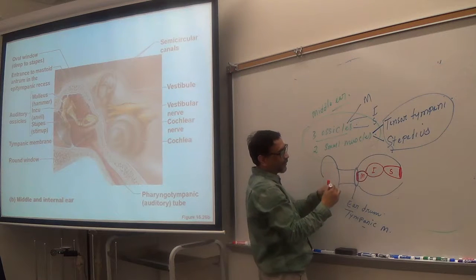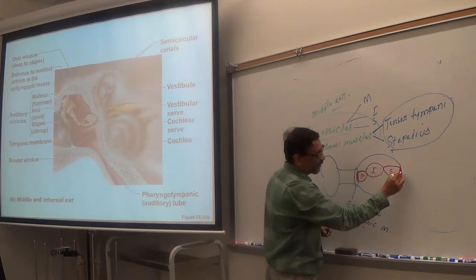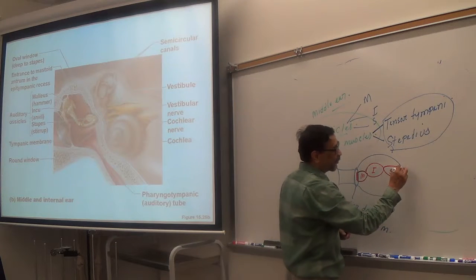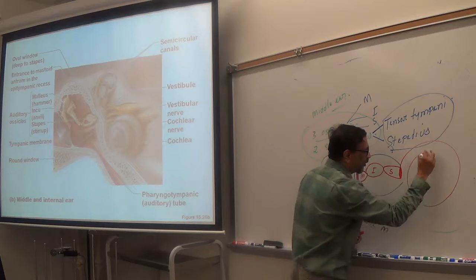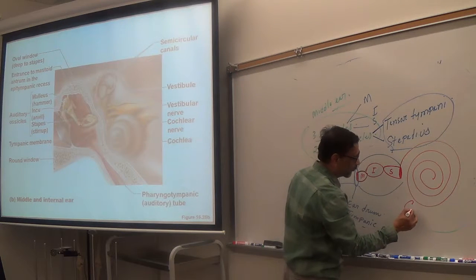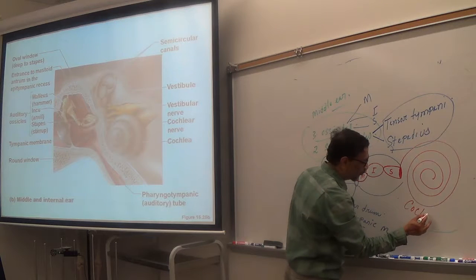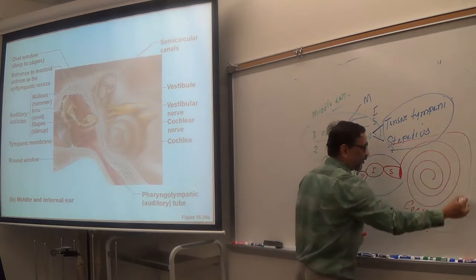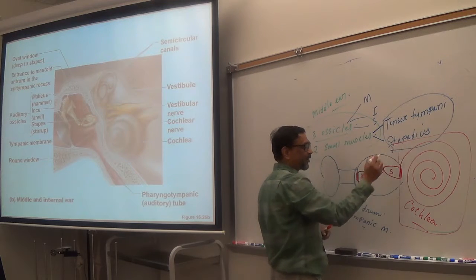And this is important. The other end of stapes is attached to the cochlea. This is the cochlea in the inner ear. So this is inner ear and this is the cochlea.